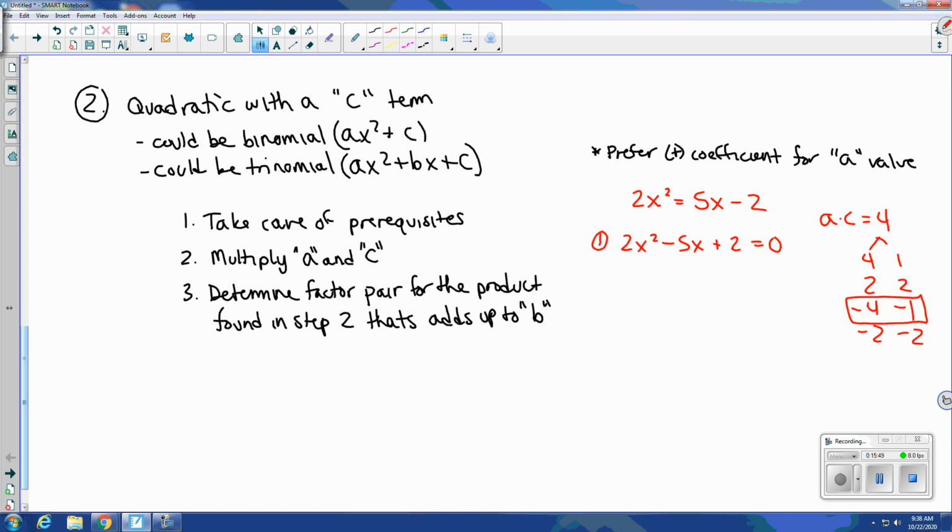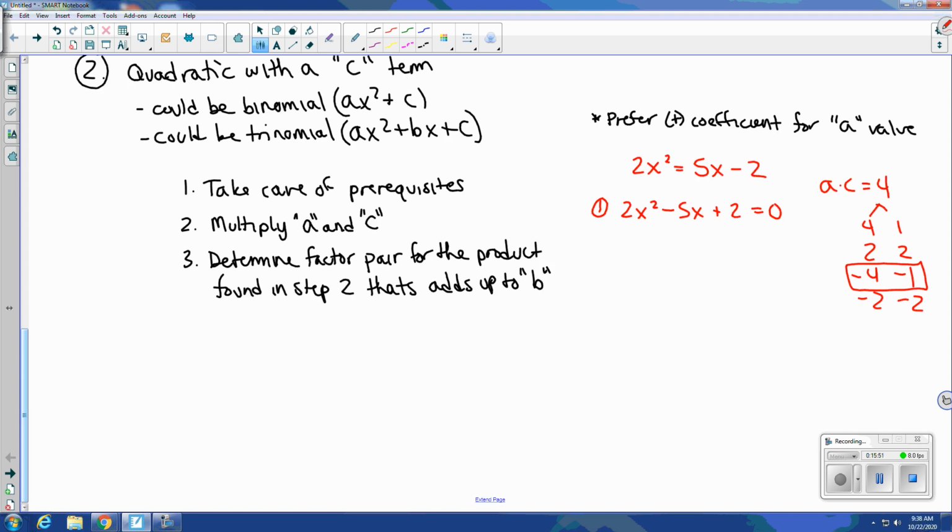Once that has been determined, you're going to split the middle linear term.